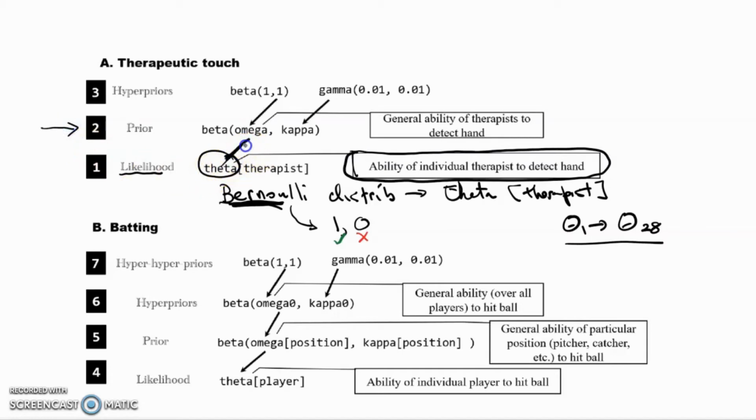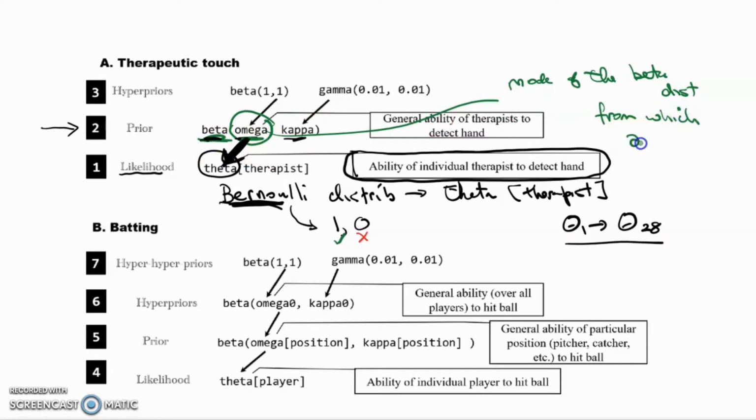Our prior for theta was a beta distribution with parameters omega and kappa. We placed a whole lot of emphasis on this parameter omega, and the reason for that is that omega was the mode of this beta distribution, from which the 28 thetas were drawn.